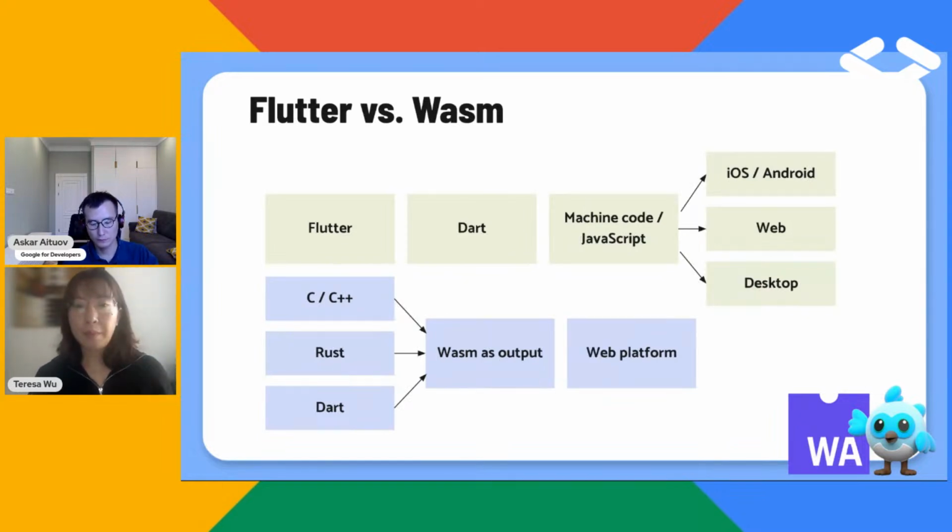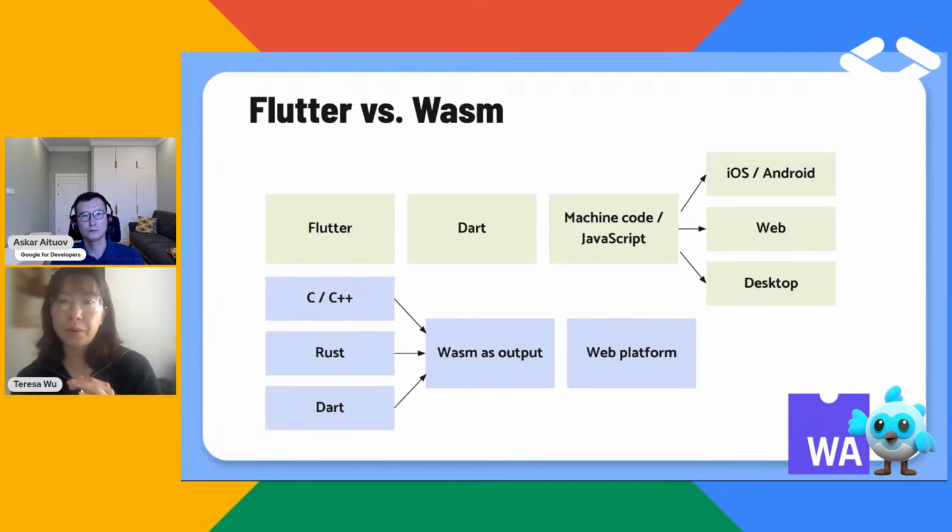Again, if we compare Flutter and WASM a little bit, Flutter is a framework that uses Dart, and it compiles into JavaScript and machine code. But the goal of using Flutter is that it supports multiple platforms: iOS, Android, web, and desktop like Mac, Windows, and Linux. So it's one framework that you can use for multiple platforms.